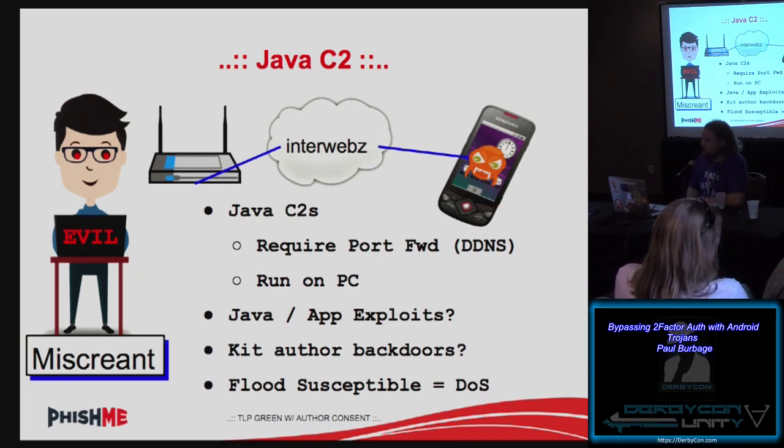These are generally run on PC, which begs the question: most of these crimeware kits have been released free online, some sort of leak. And sometimes by doing that, the person that's releasing it for free might embed some sort of backdoor into that kit, which can lead to OPSEC issues for a miscreant. And these are also highly flood susceptible.